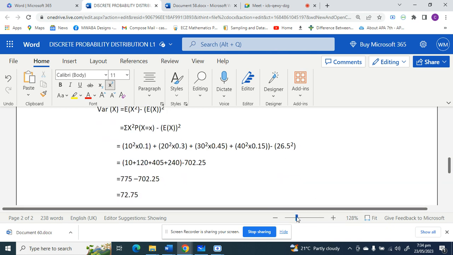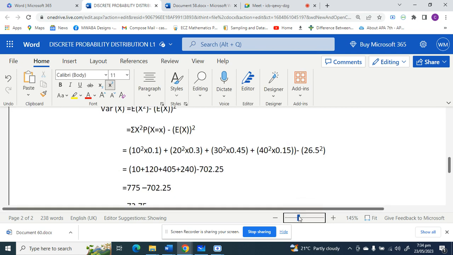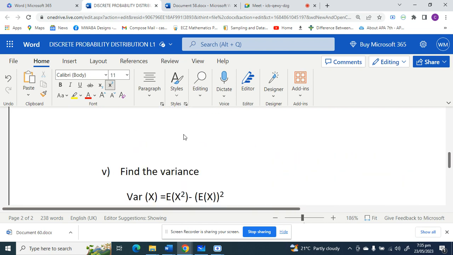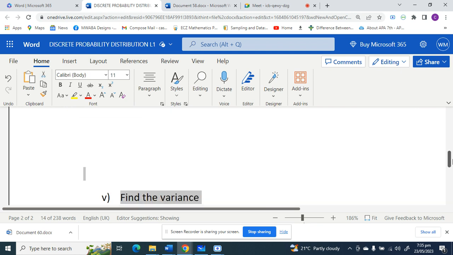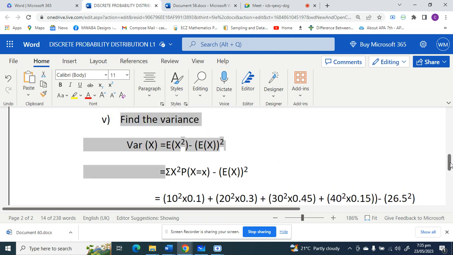Let me zoom into the formula here. Okay. Okay. Yes.